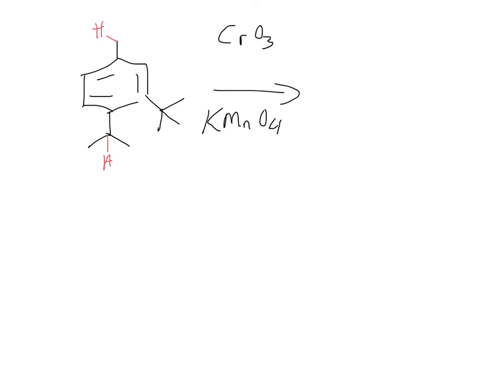If there are no benzylic hydrogens, that position can't be oxidized. If there's no benzylic CHs, this oxidation can't take place. How to remember what these reagents do? It's an oxidation. Notice a lot of oxygen. Either one of these reagents work. If you see KMnO4 or permanganate or chromium, CrO3, oxidations.